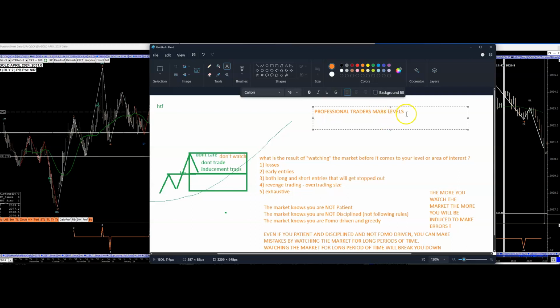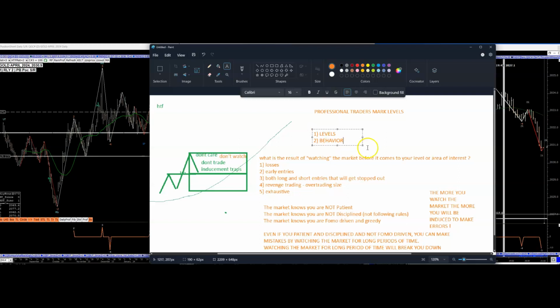Here's the point: first is levels, second is behavior, not the other way around.